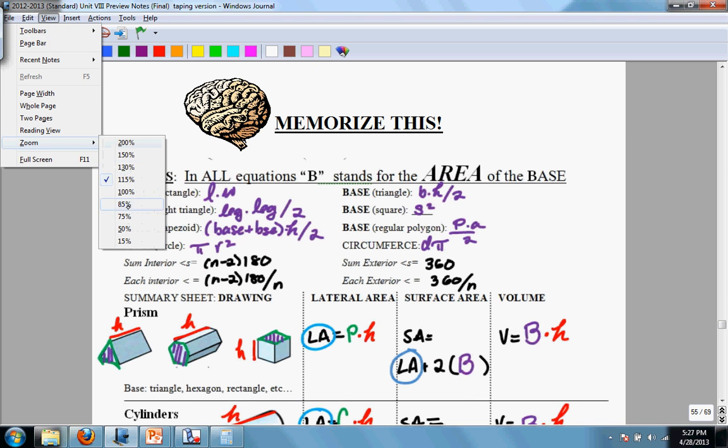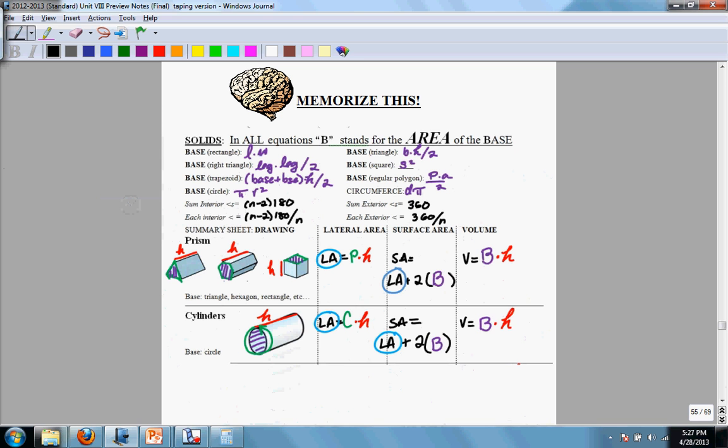There's no way around this. You've been given a memorization sheet with several pages of practice. It is critical that you take the time to practice and to memorize these equations. These are all our area equations we just learned, and here is what you learned today.